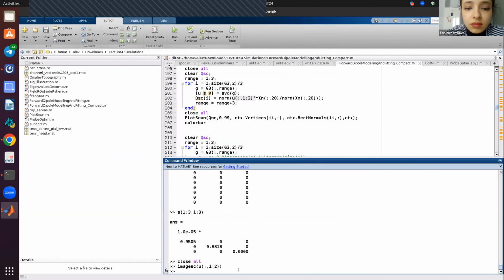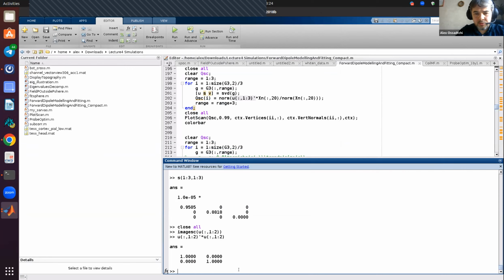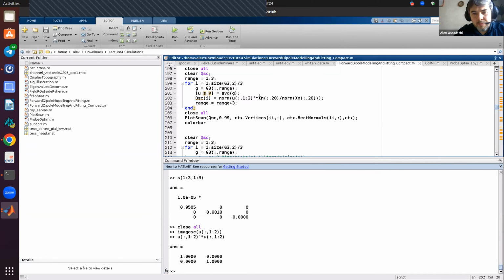They are orthogonal. You can see that if you multiply U12 transpose by U12, you get the identity matrix. Well, clearly, because they are columns, and then you are basically measuring the coordinates of your data in this coordinate system, okay? You're just projecting your data onto this 3 or 2, it doesn't matter, right? Because the third one is 0.